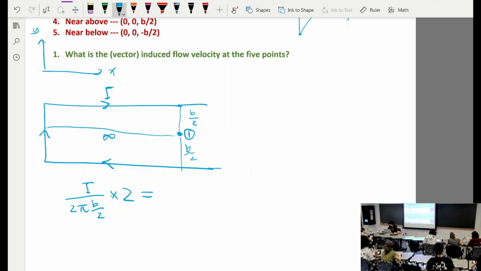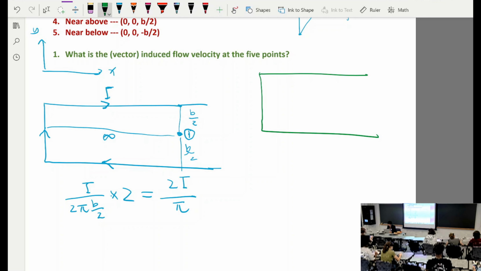So what I get would be 2 gamma over pi, right? And it goes downward. So that's the answer to the first question. All right, any questions on that? That's kind of the easiest one. No? Okay, so let's go to our second one.